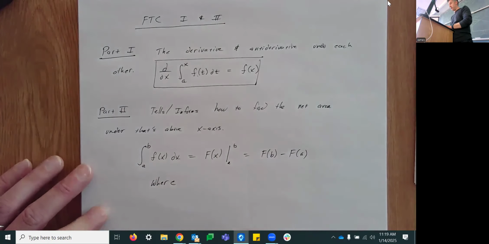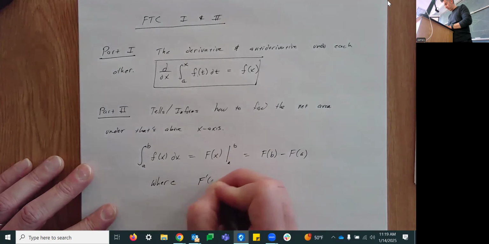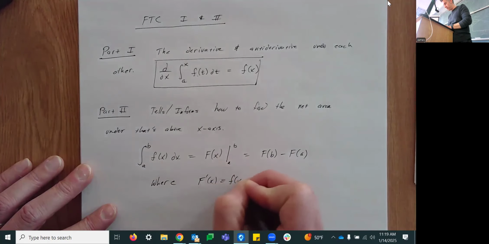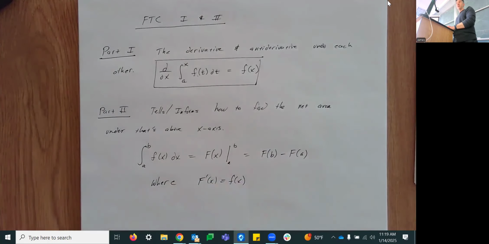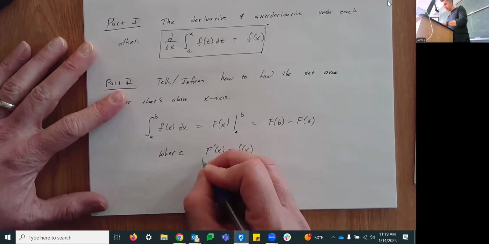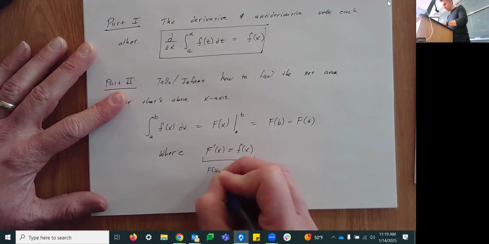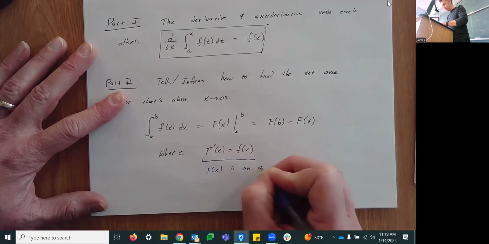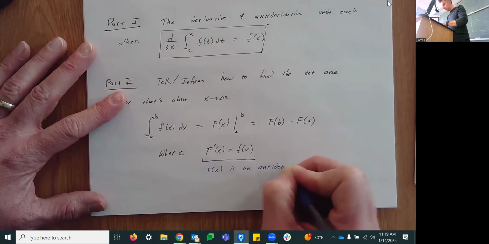The way we write that is the derivative of capital F is equal to little f. That means the same thing as the words I just said: capital F of x is an antiderivative of little f of x.